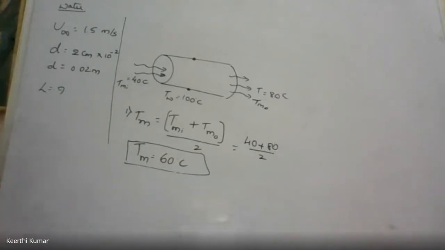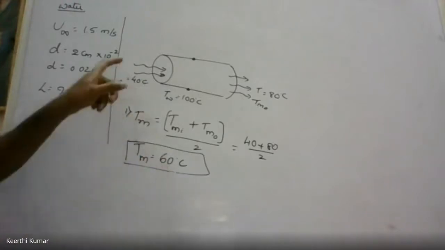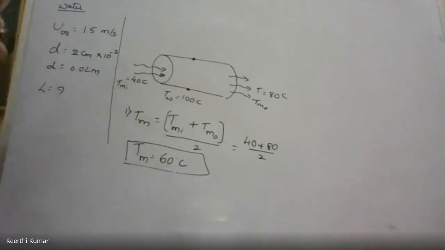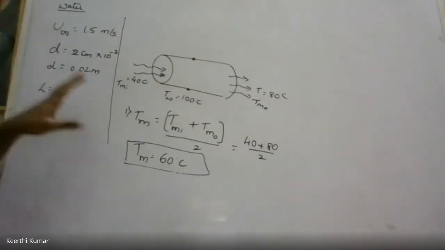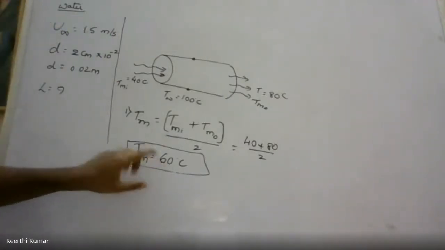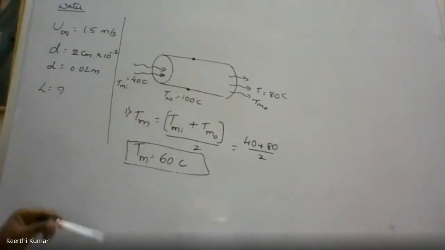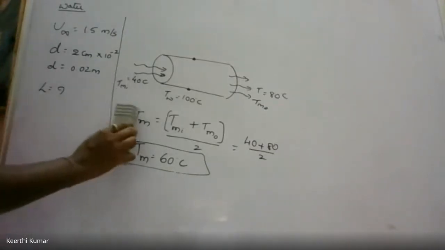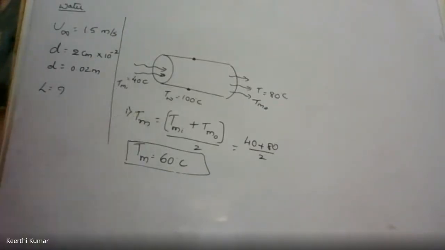Then you take the properties at 60 degrees for the given fluid. What is the given fluid? The given fluid is water. For water at a temperature of 60 degrees, you take the properties. The same properties, whatever properties we have taken till now. You take that. Have you taken? Hello?